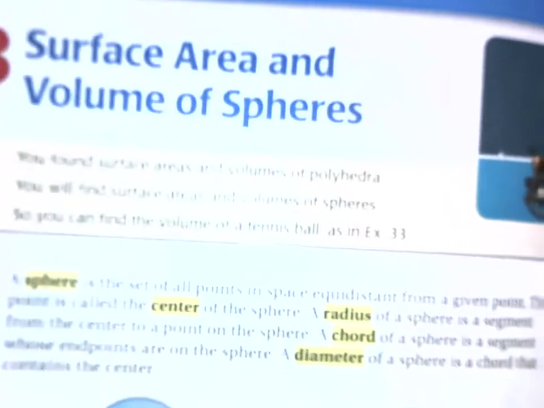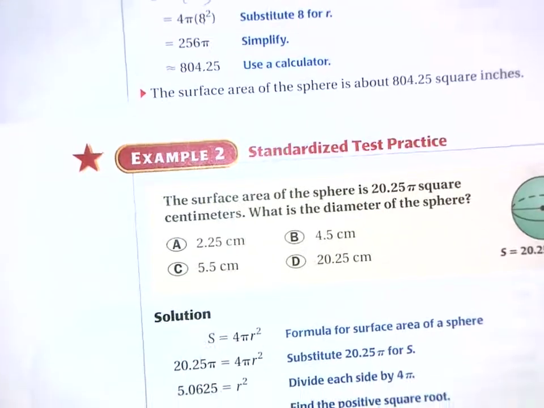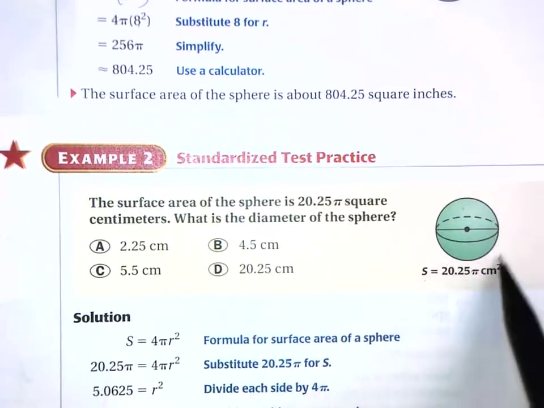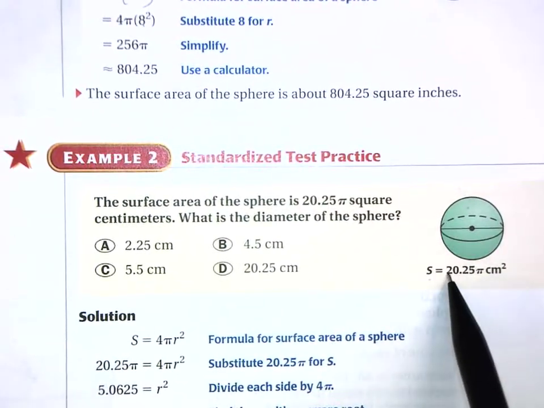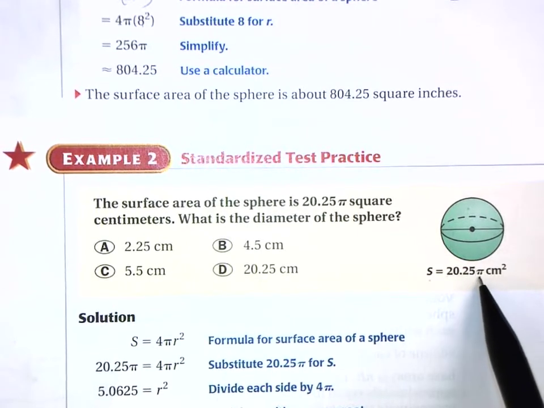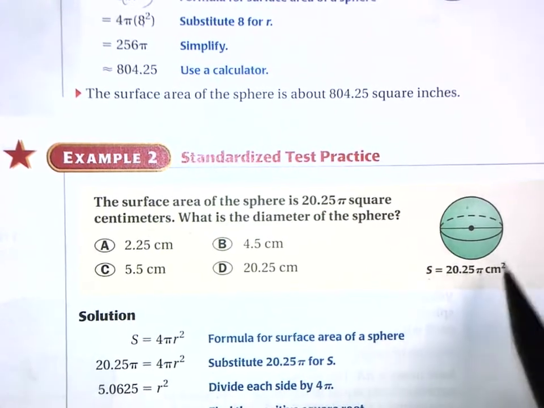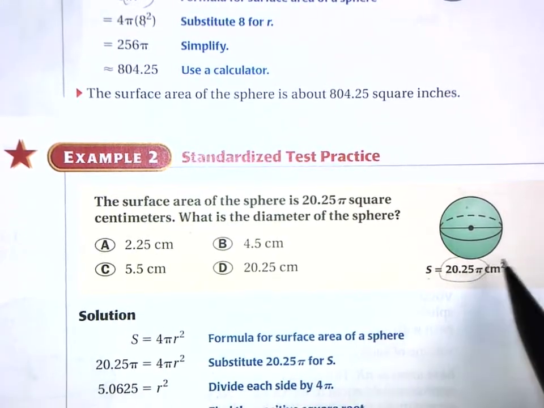Let's look at another example here in your book to get you ready for your next question. Here they tell us that the surface area of the sphere is 20.25 pi centimeters squared. So remember, how many centimeters squared is this?